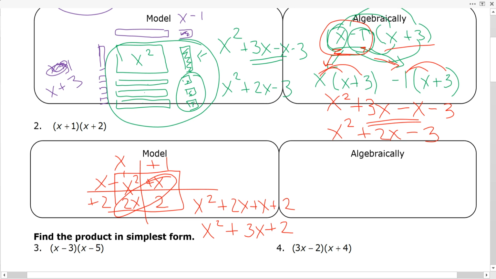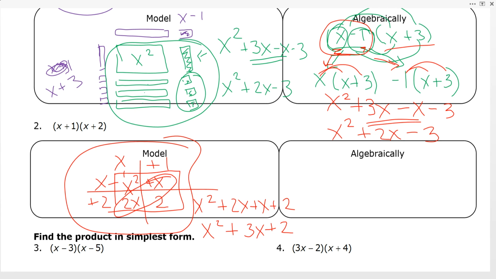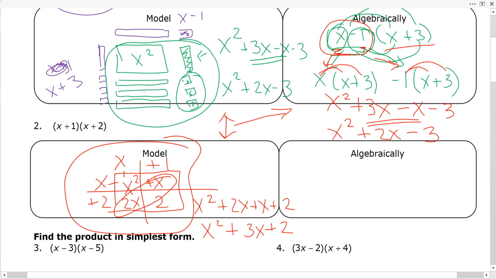Same thing, I just reorganized. I just used a different graphic organizer basically to model my equation. But all three of these ways come out the same answer. It's just a matter of which way you like to do your problems. Okay, so double distributing.